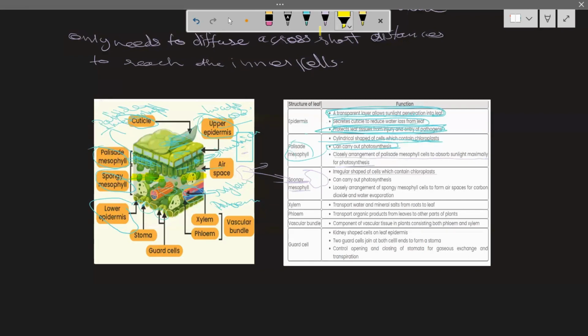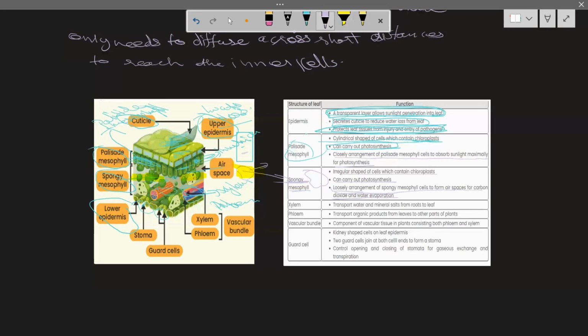Can you see the cells? And what does it do? It can carry out photosynthesis because it contains chloroplast, and the loose arrangement of spongy mesophyll cells forms air spaces for carbon dioxide and water evaporation.